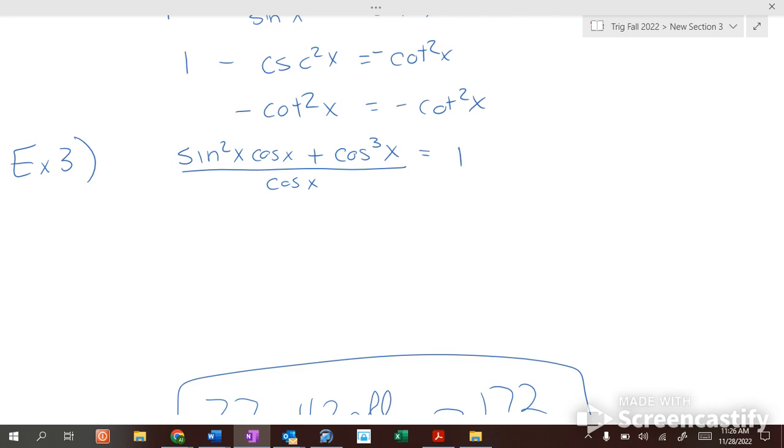Take a cosine out of the top, Taylor says. Let's do that, because there is a greatest common factor of cosine of x in the numerator, to get sine squared of x plus cosine squared of x over cosine of x equals 1.